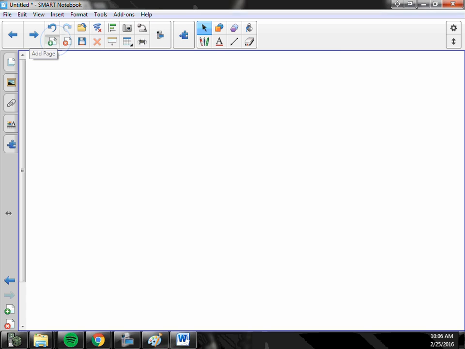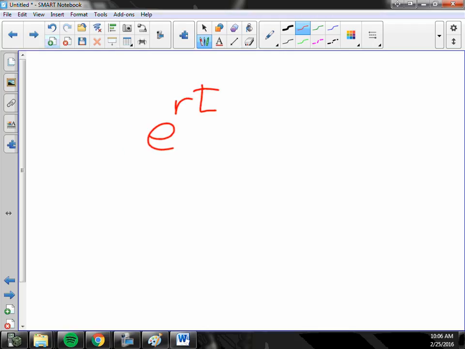So if you're talking about half-life, doubling, tripling your investment, you're always going to have e to the RT, and I would always put 1 there, and then the number on the other side, that is your double or your half or your triple, and that's the easiest way to do it.